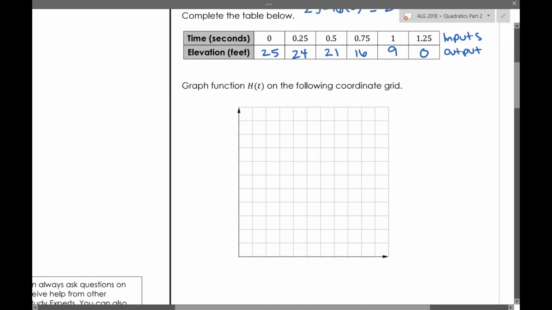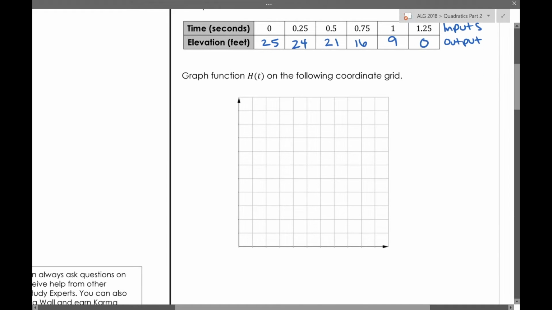Now let's go ahead and graph these. On my x-axis, because remember our inputs are going to be our x's, I'm going to have time down here. Let's measure out time. I go from time 0 to 1.25. So let's go up by 0.25.